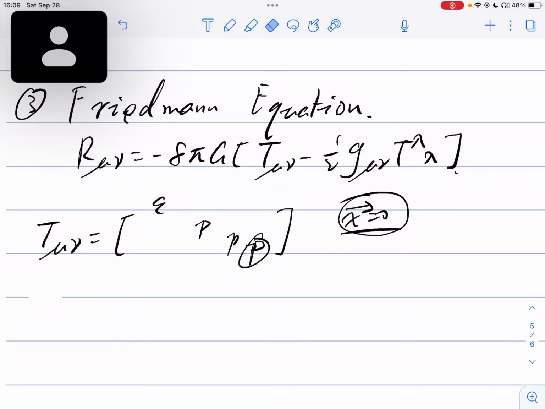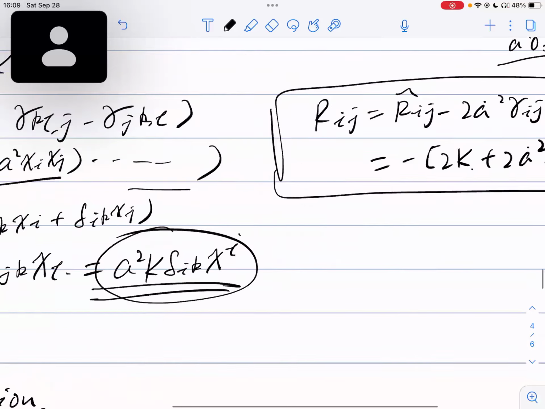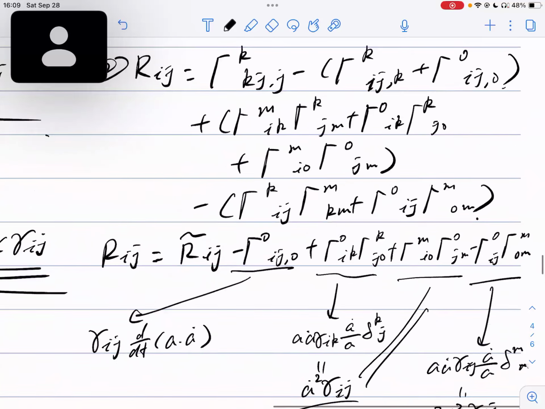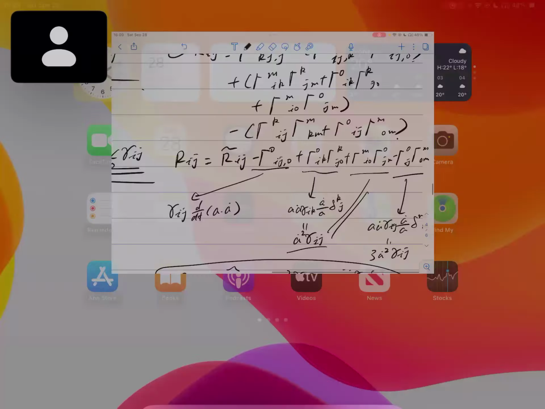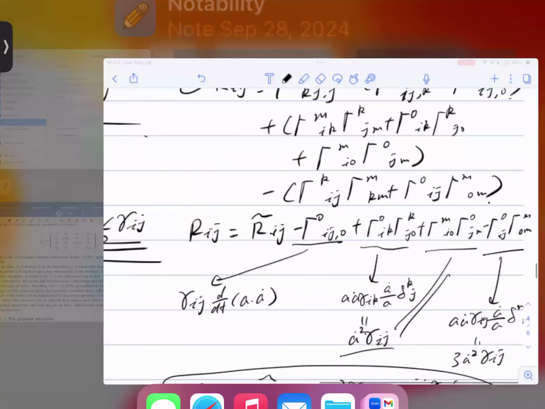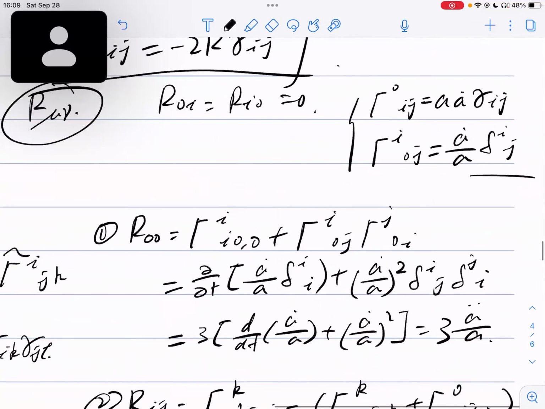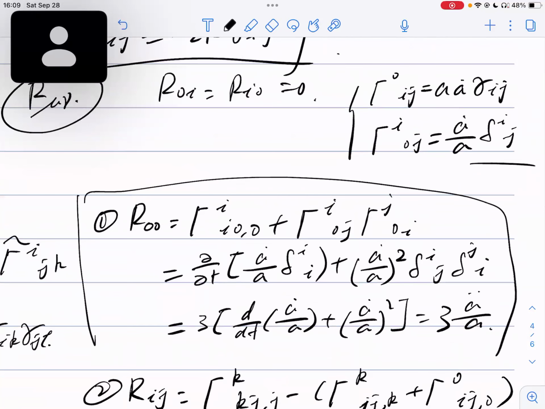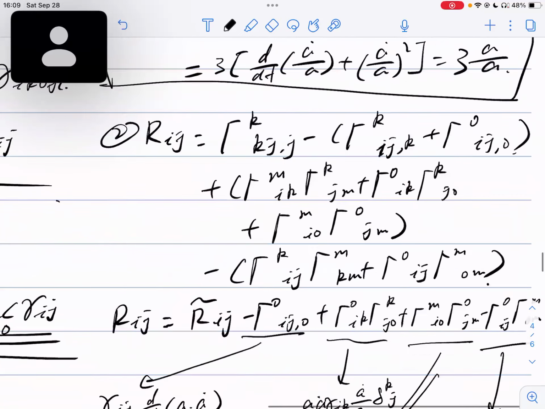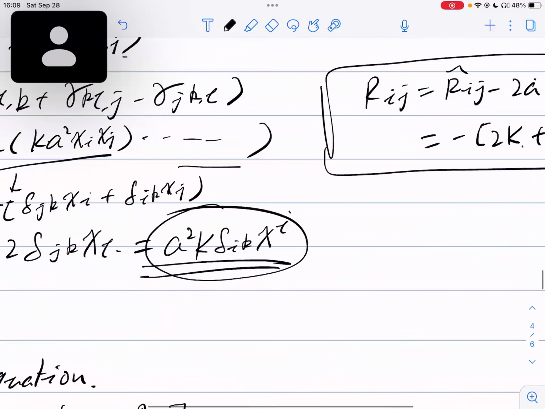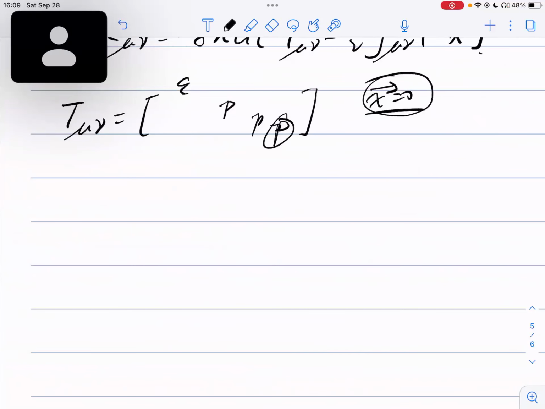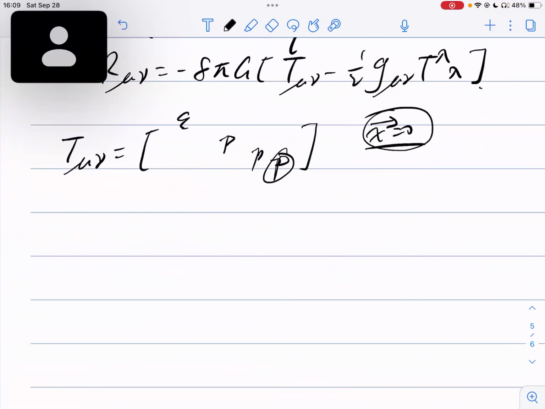Okay, we have obtained the Ricci tensor components, R00 and Rij, the time components and the space components. Just substitute them into this field equation.